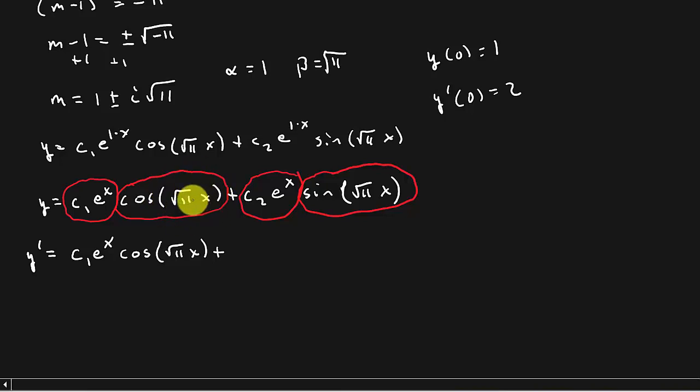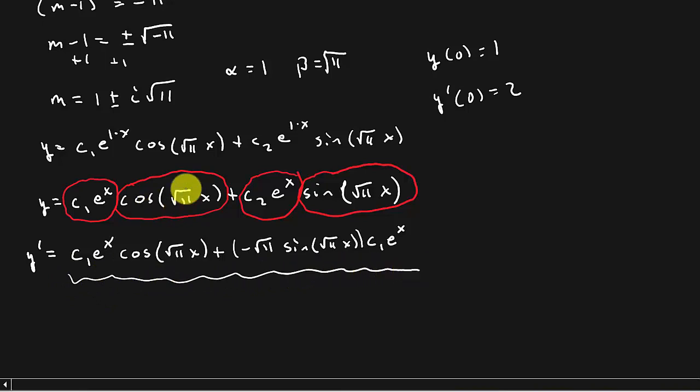The derivative of square root of 11x is square root of 11. So this is going to be negative square root of 11 sine square root of 11x times C1 e to the x. All right. So this right here is the derivative of this first term. And then we've got to do the same thing here.